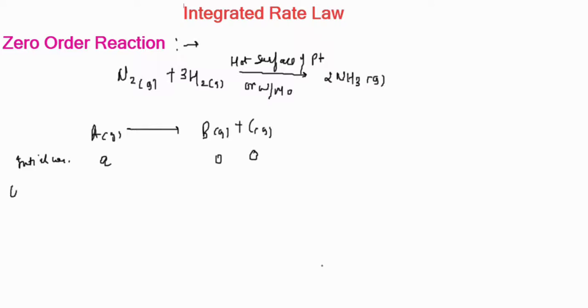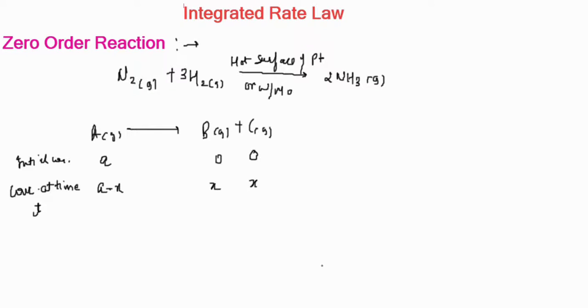The concentration at time t: A disintegrates into a minus x, then it forms x and x, since the stoichiometric coefficient is 1.